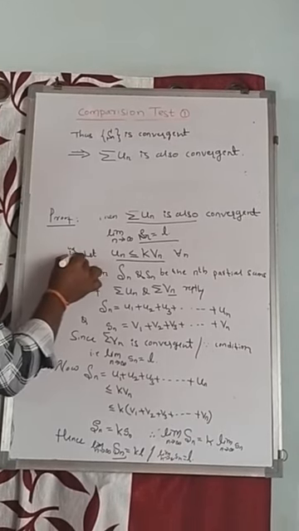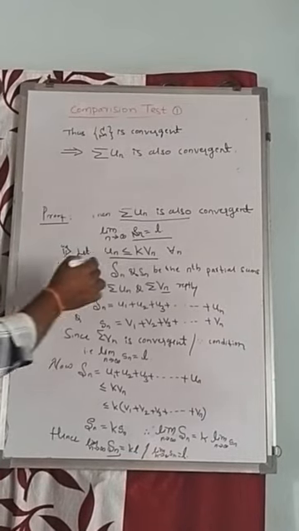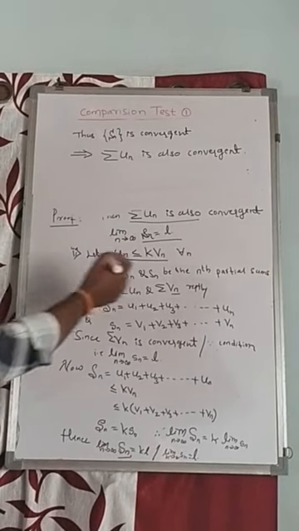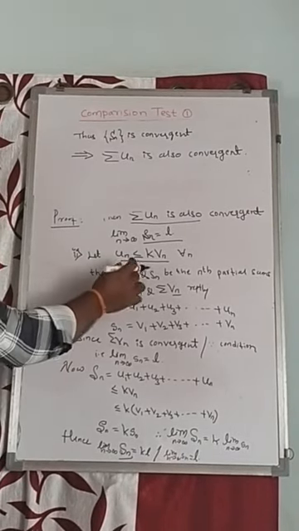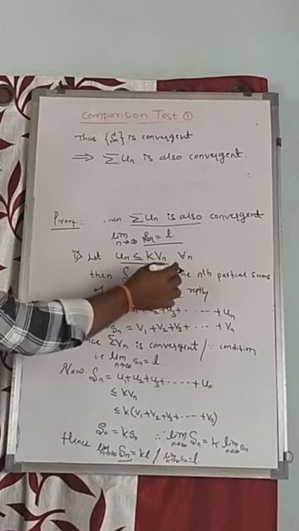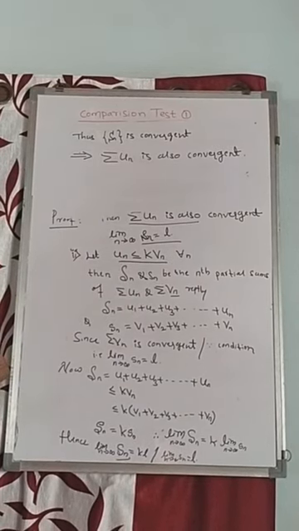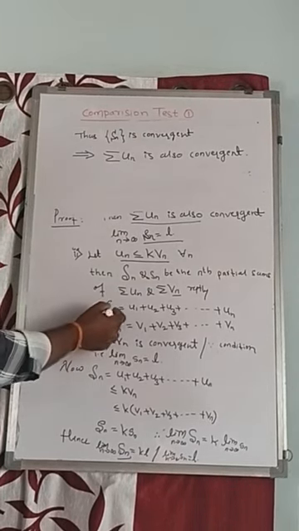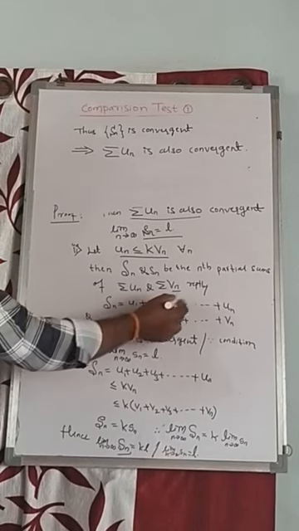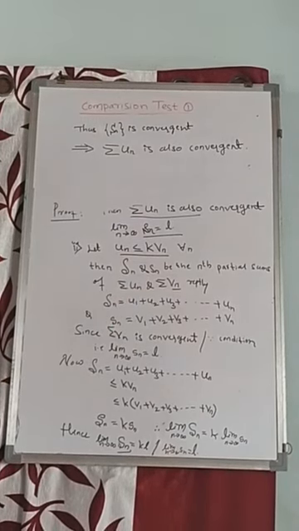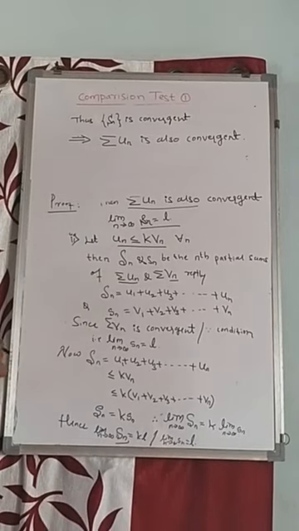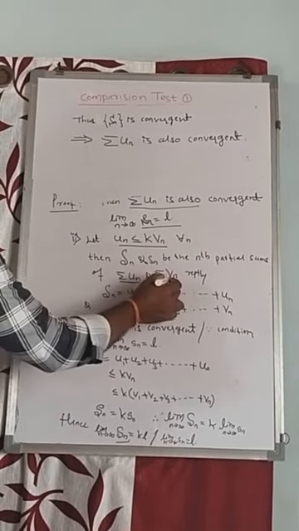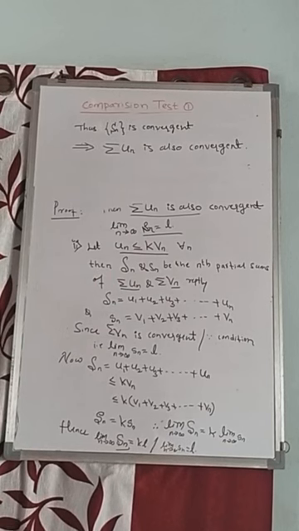Next, second condition: let un be less than or equal to k into vn. Then capital Sn and small sn are the nth partial sums of summation of un and vn respectively. Nth partial sum means u1 plus u2 plus u3, and small sn equals v1 plus v2 plus v3.